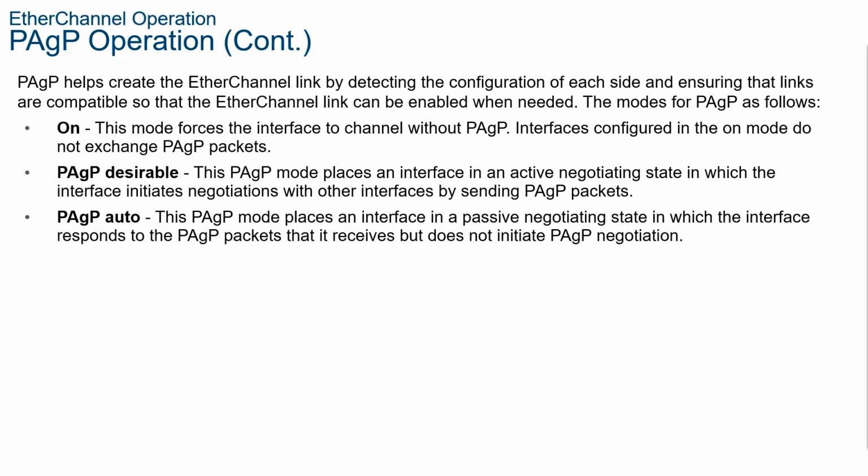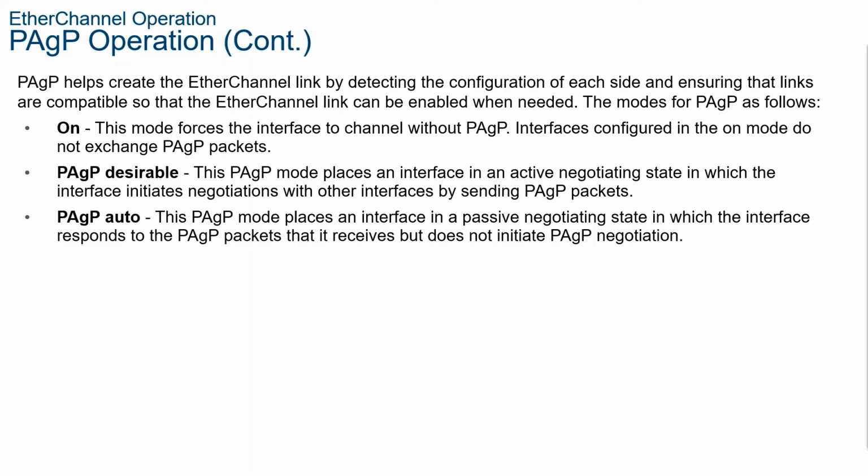The modes must be compatible on each side. If one side is configured to be in auto mode, it is placed in a passive state, waiting for the other side to initiate the EtherChannel negotiation. If the other side is also set to auto, the negotiation never starts and the EtherChannel does not form.